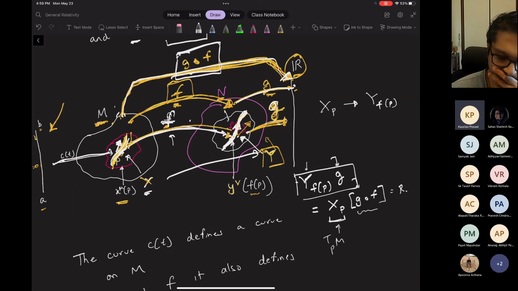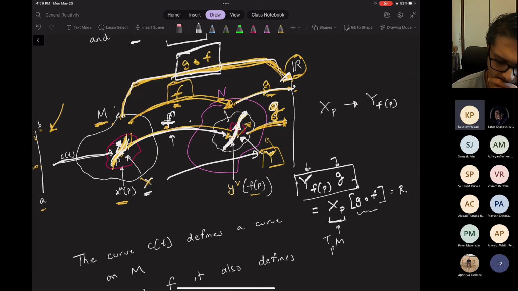Yes, sir. Now I think I get it. Because y_f(p) of g is a real number, and it is the same real number as x_p applying on g∘f, and since this works for any arbitrary function g, the vectors must be related, and then we have the expression with the Jacobian. Right.